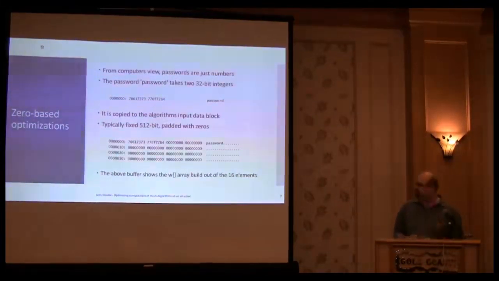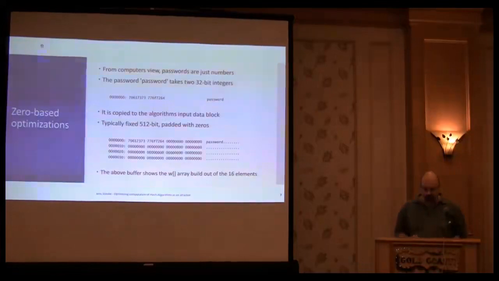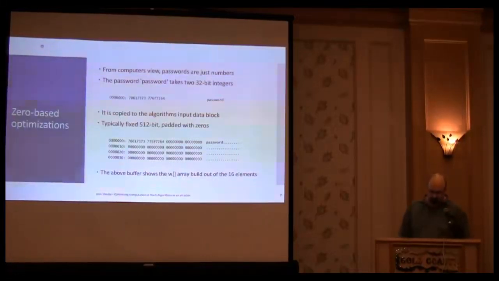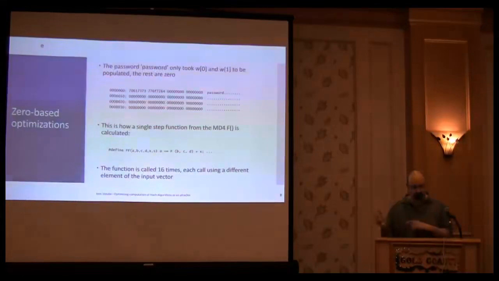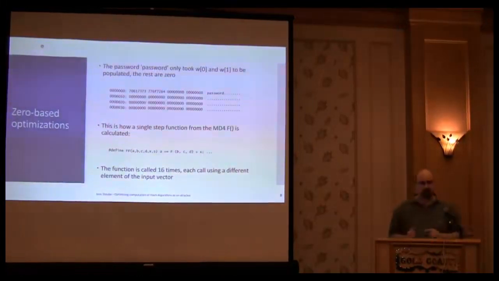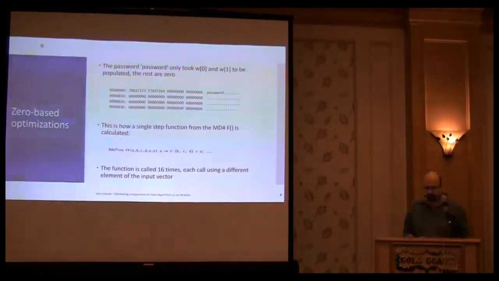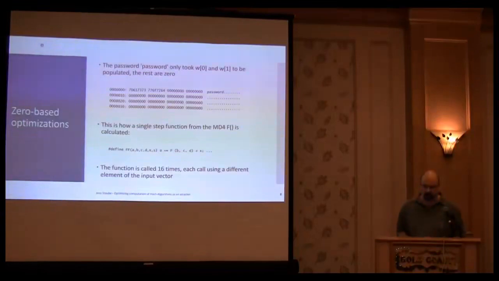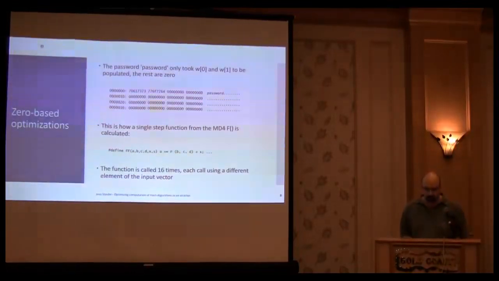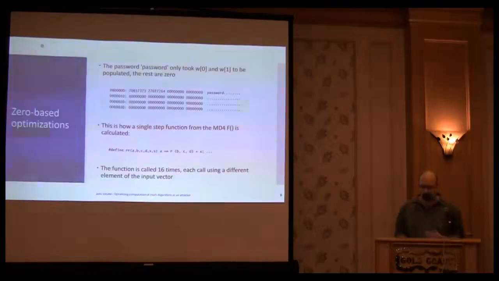It starts from 0, so as you can see here, you use only two 32-bit integers of the possible 16. In this example, only the first two are used and the other ones are not. We have that W array. The W array is how that 512-bit buffer is called, and it is 0-based, so pass is in 0 and word is in 1, but the rest is 0.